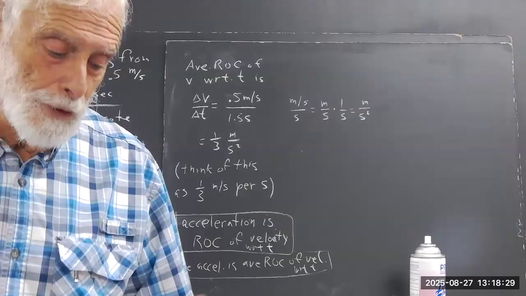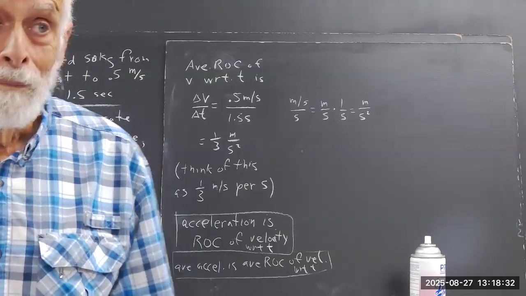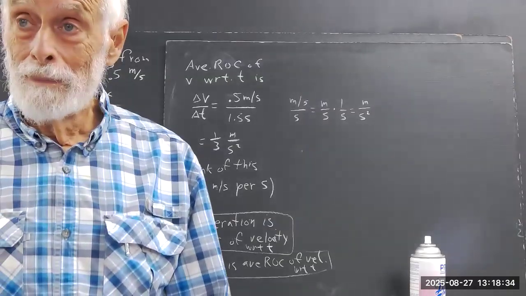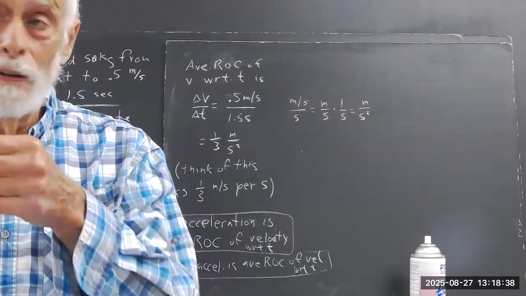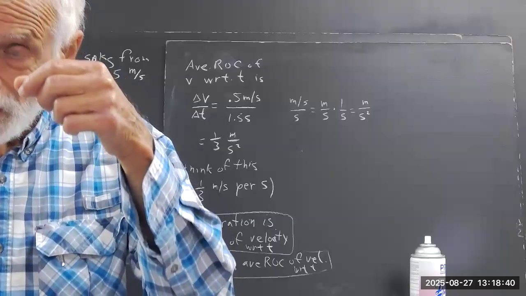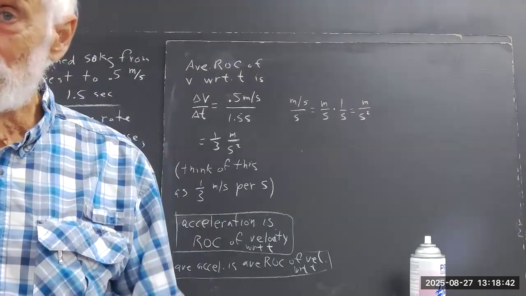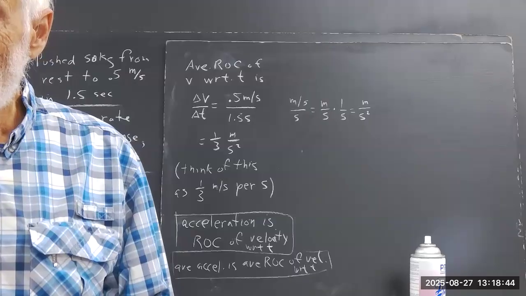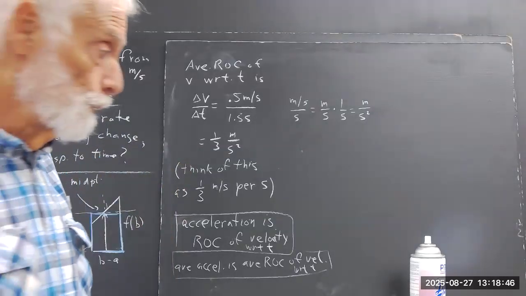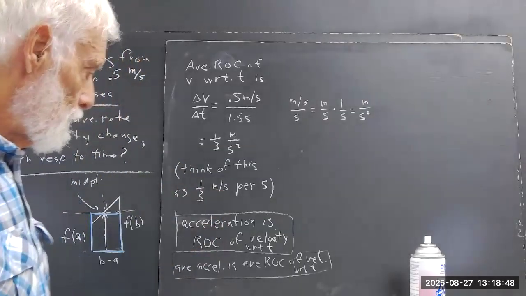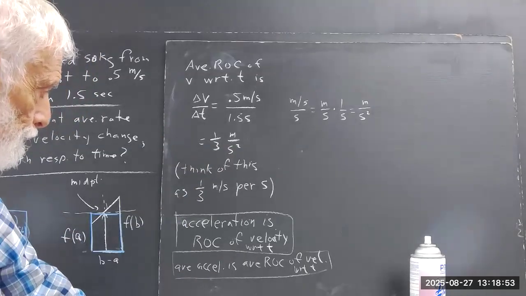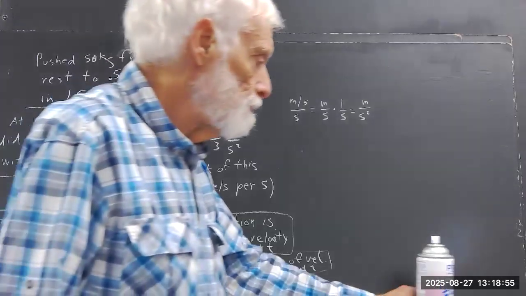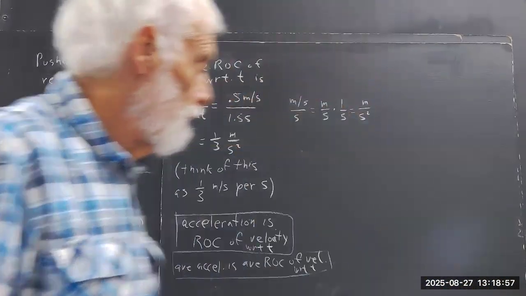And you've got a chain rule that relates the two things. dv/dt equals dv/dx times dx/dt, okay? Simple chain rule. You might ponder that, but it'll come up again.